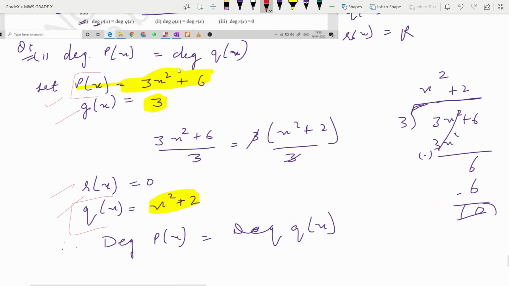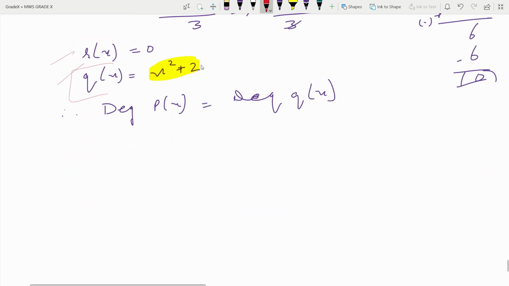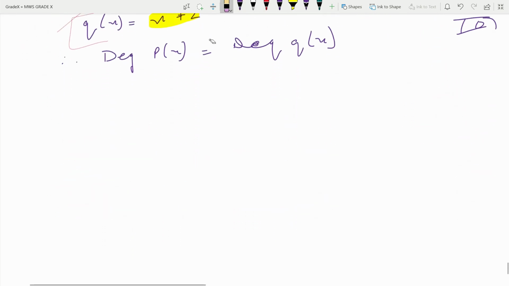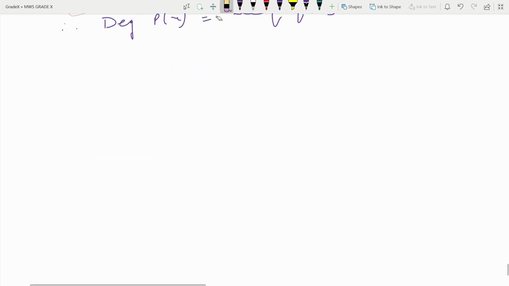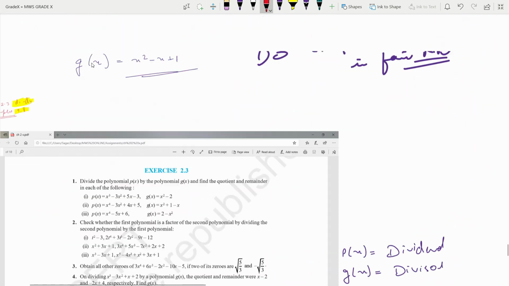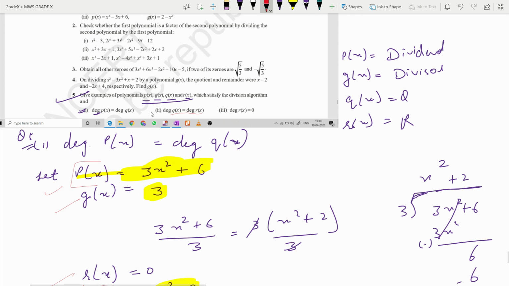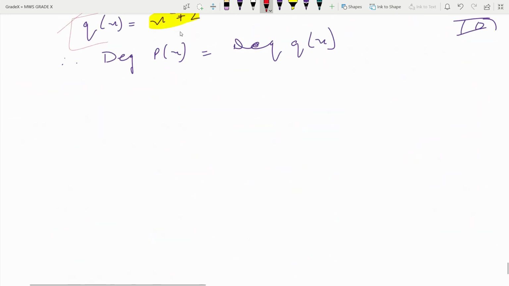Now second, degree of quotient should be equal to degree of remainder. Let us take an example for this. Now see the second one, where q and r. Okay, fine.